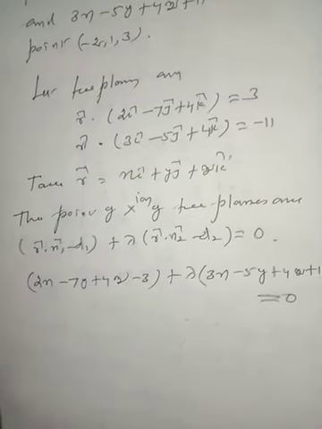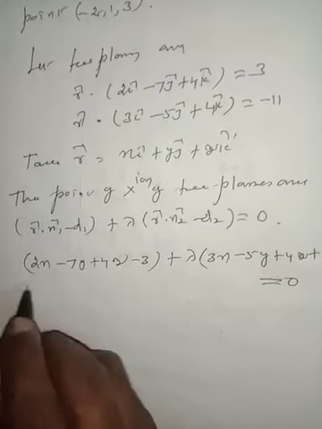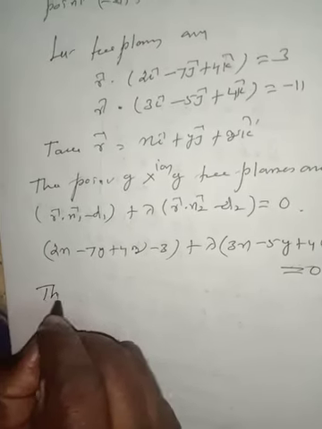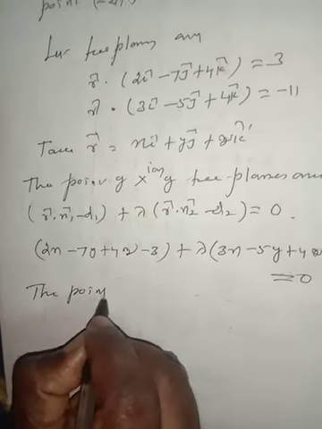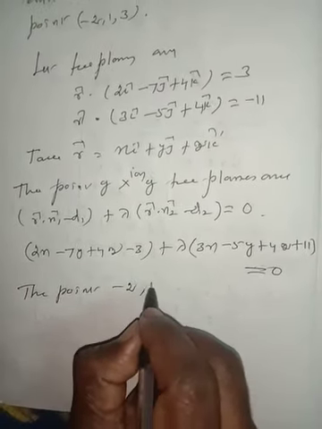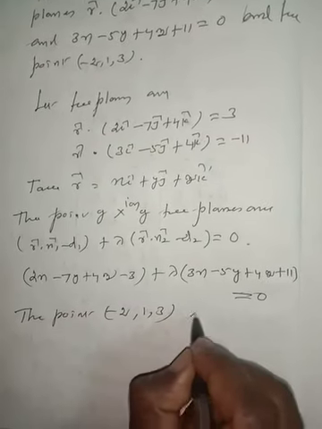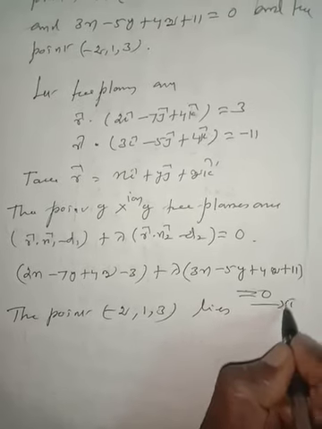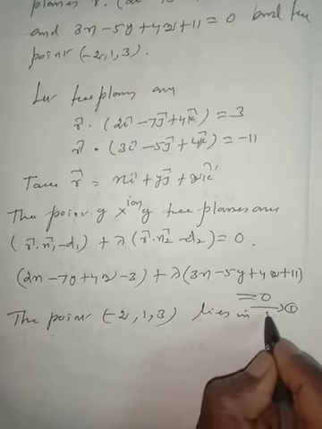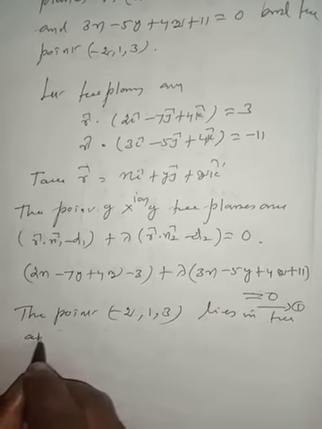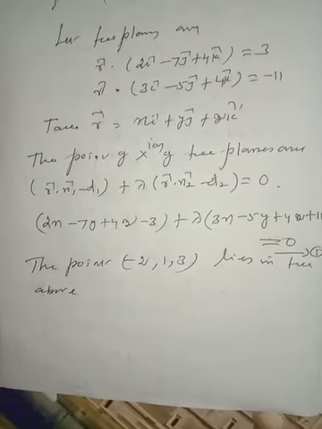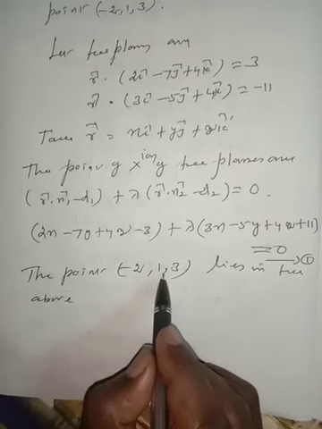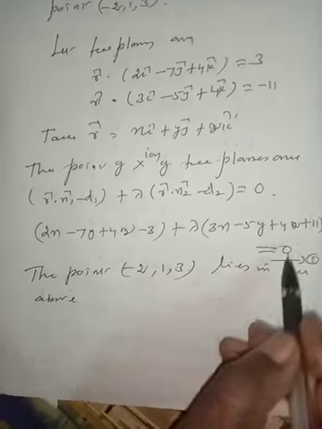Now the point minus 2, 1, 3 lies on the plane. Therefore the point minus 2, 1, 3 lies in the above equation. Substitute x is equal to minus 2, y is equal to 1 and z is equal to 3 in equation number 1.